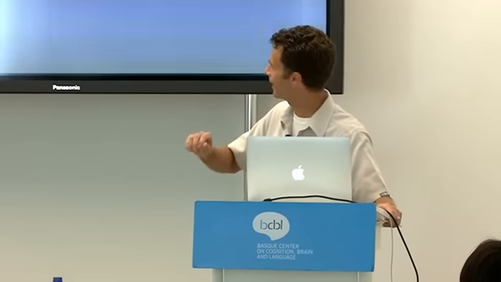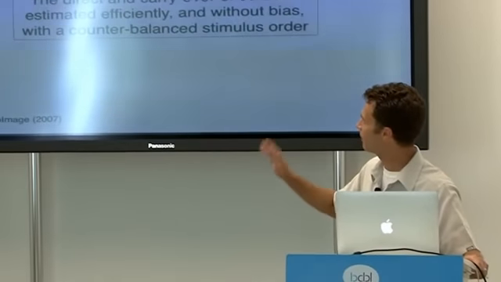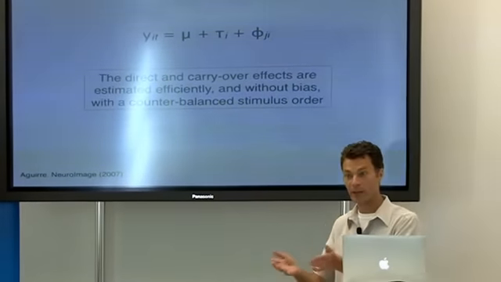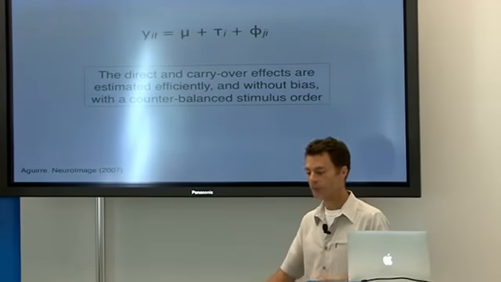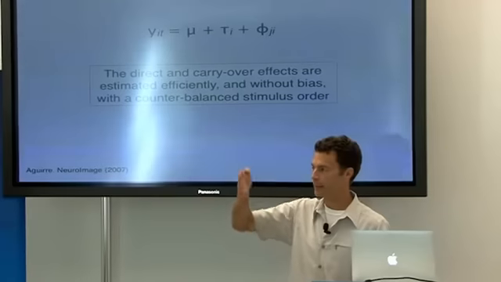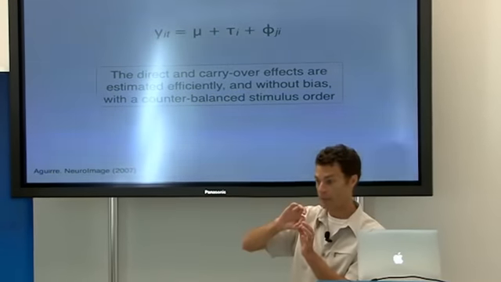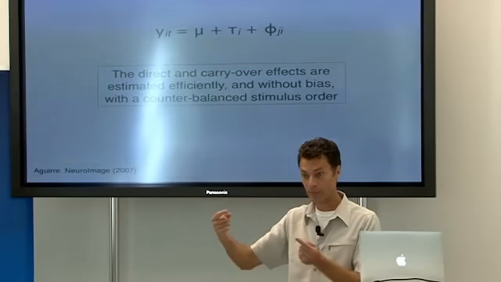the final piece of this is that these direct and carryover effects are estimated efficiently and without bias when you have a counterbalanced stimulus order. So, for example, if you only ever presented the stimuli in one fixed order, then you could never tell what was the effect of asymmetry and symmetry, right?